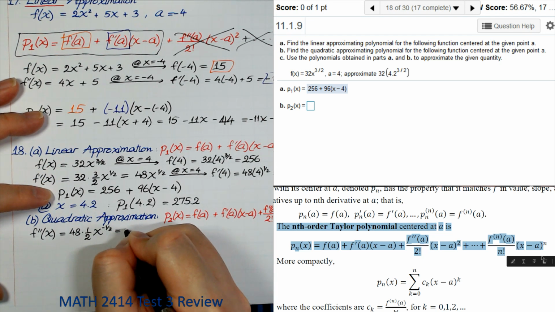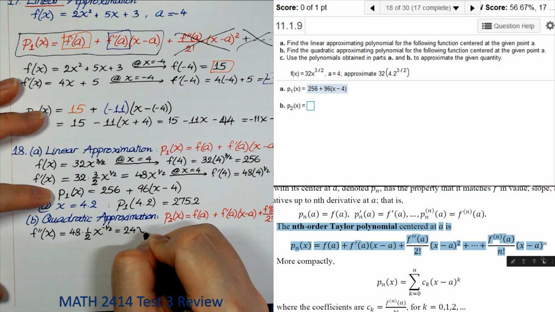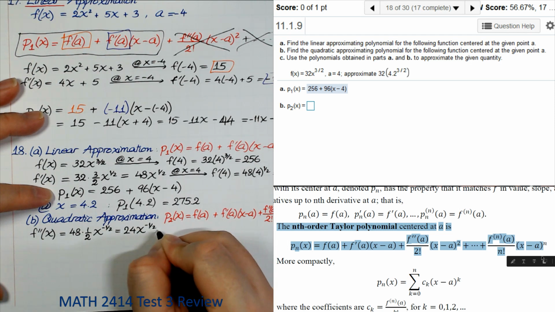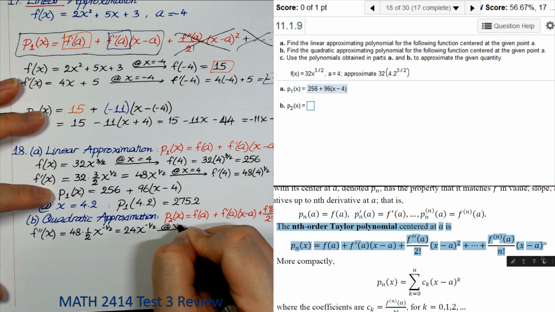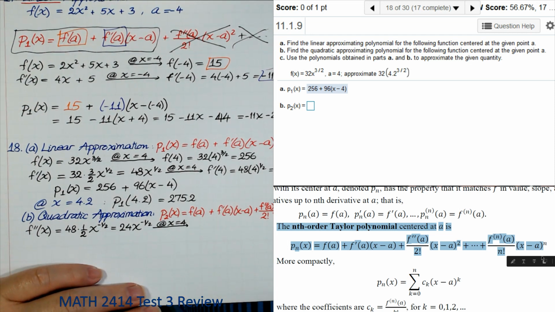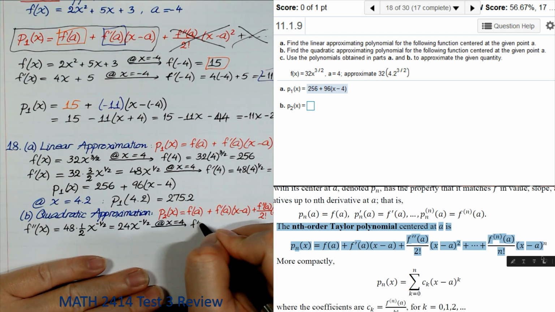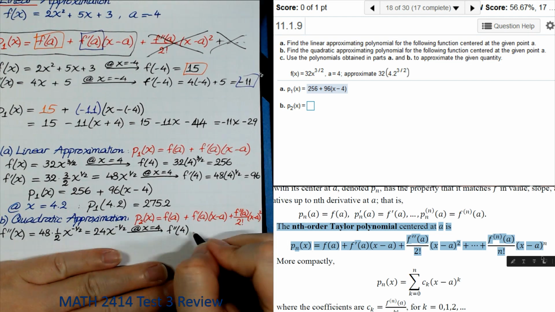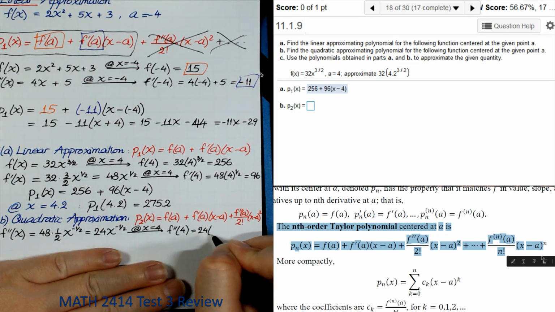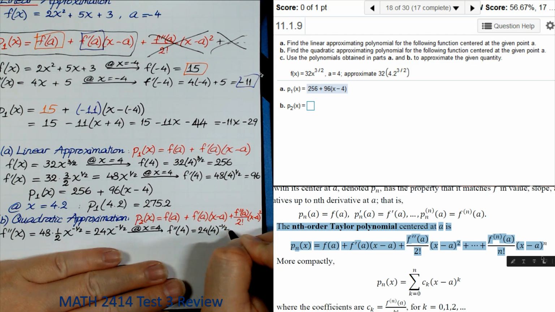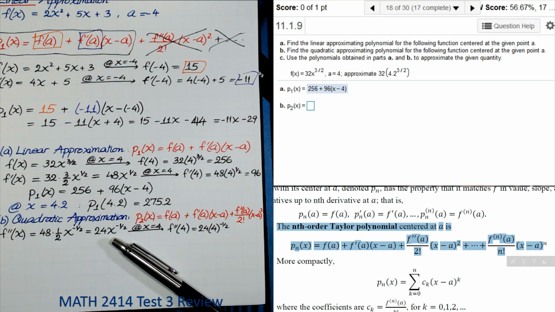So which means 24 x to negative 1/2 at x equal to 4. And 4 to negative 1/2 is 12.